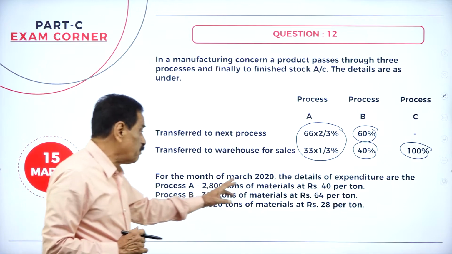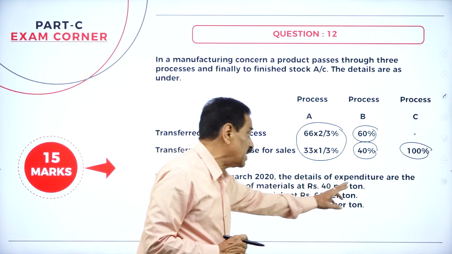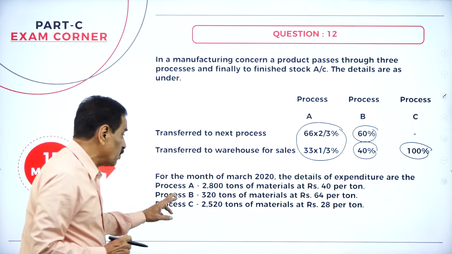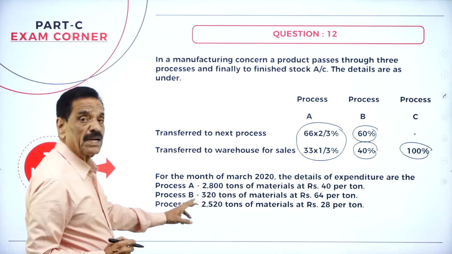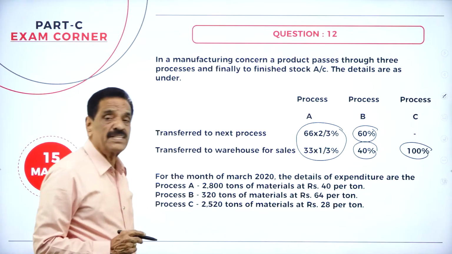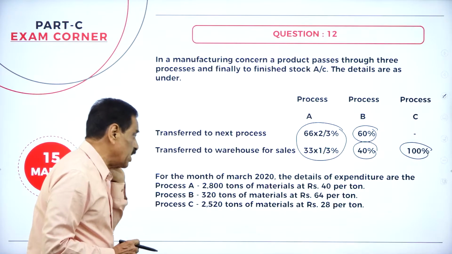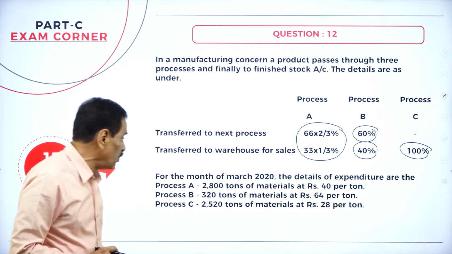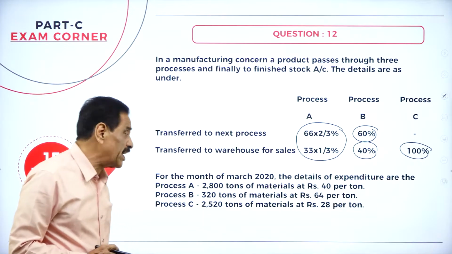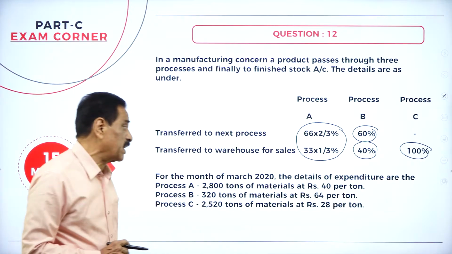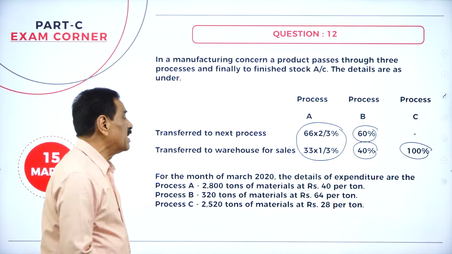For the month of March 2020, the details of expenditures are: process A introduced 2,800 tons of material at rupees 40 per ton; B, 320 tons at rupees 64; C, 2,520 tons of material at rupees 28 per ton.